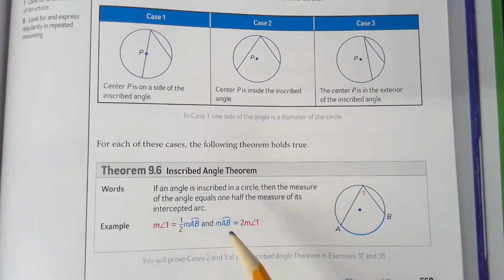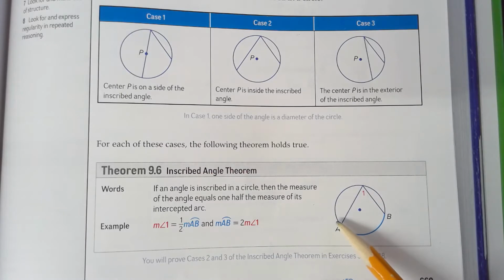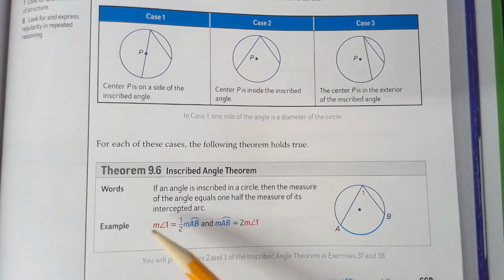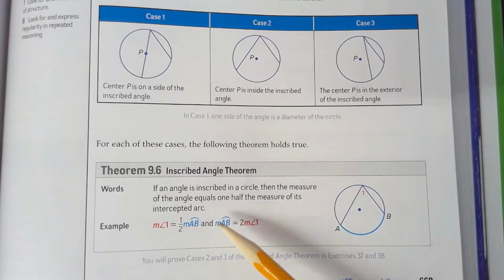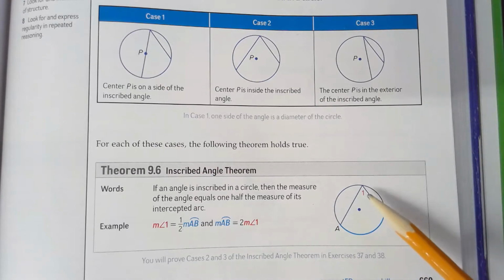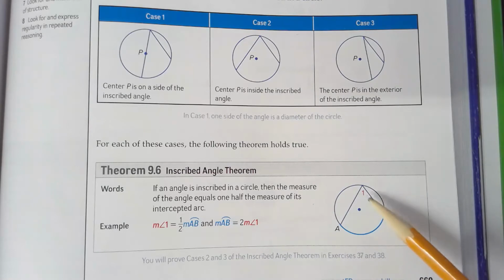But the key thing here is the relationship between the inscribed angle and the intercepted arc measure. The theorem says, if an angle is inscribed in a circle, then the measure of the angle equals 1/2 the measure of its intercepted arc. So this angle is always going to be half of this arc measure.